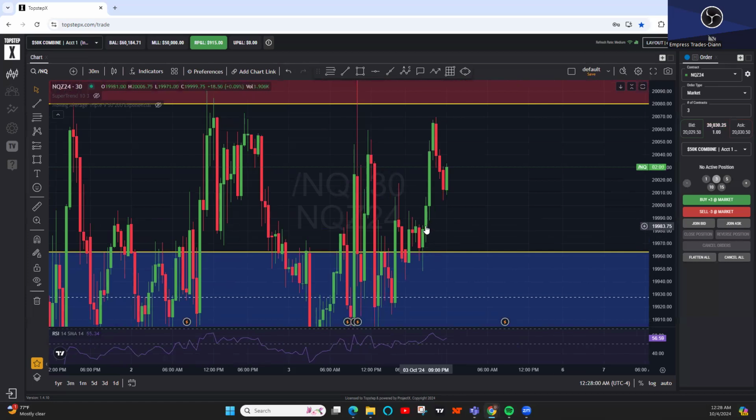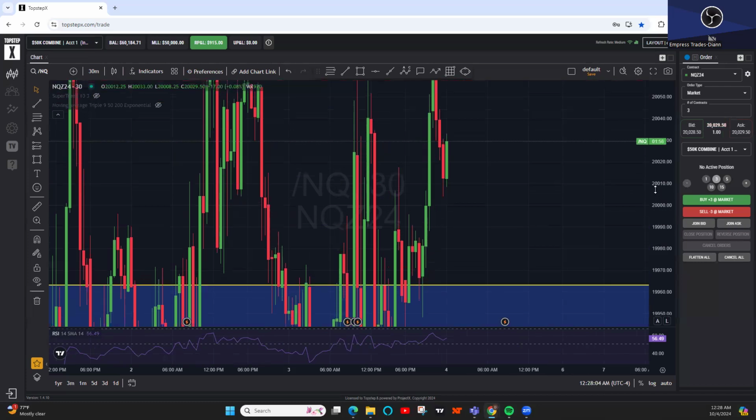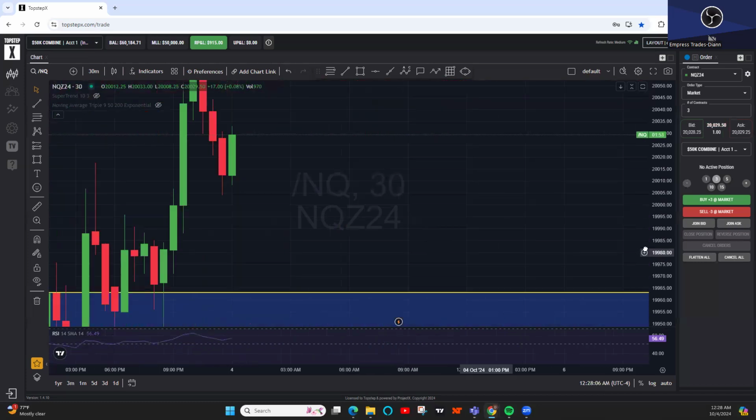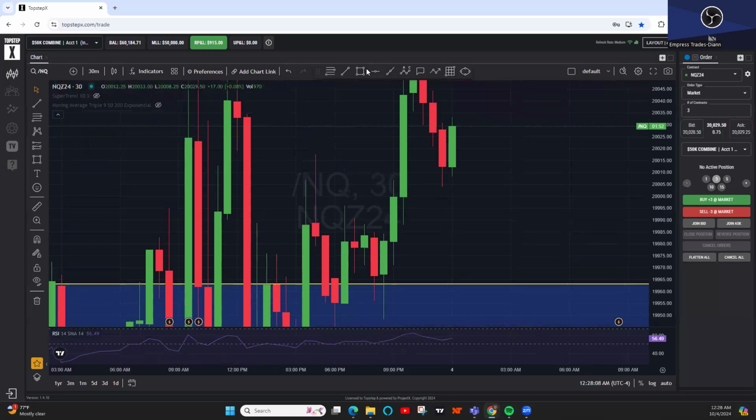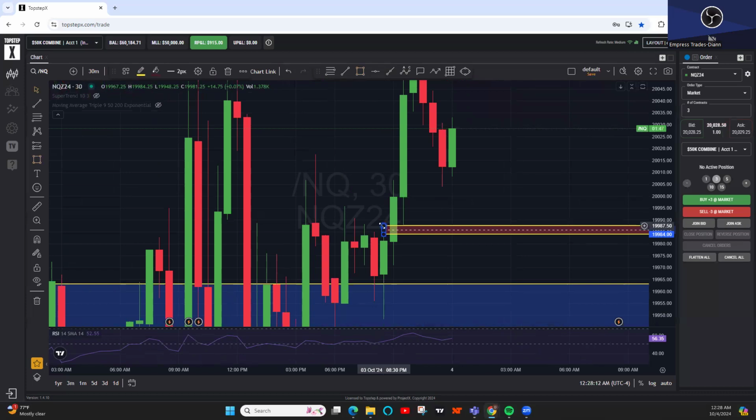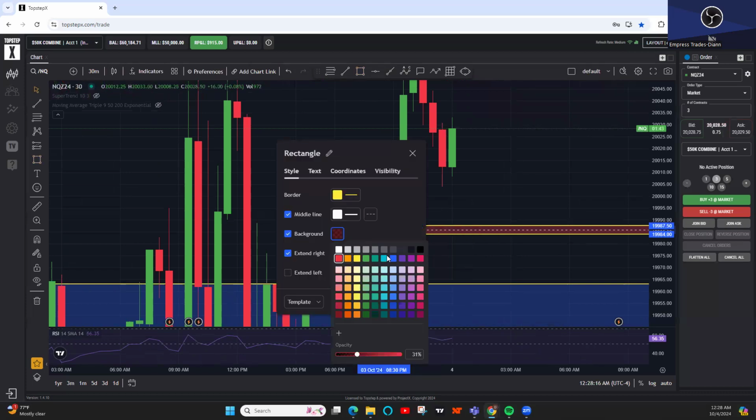I don't care how small it is. I'm labeling it because it's going to mean something on a lower time frame.